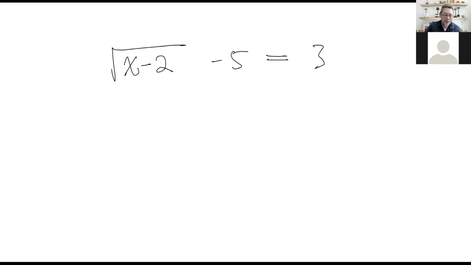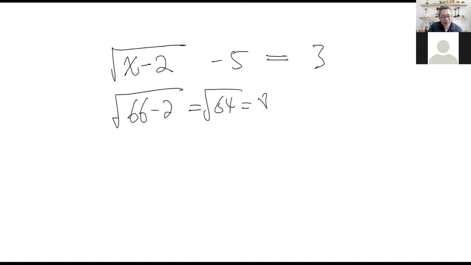Does x equal 66? Yep, very good. You can see that 66 minus 2 is 64, which is 8. And 8 minus 5 is indeed 3.